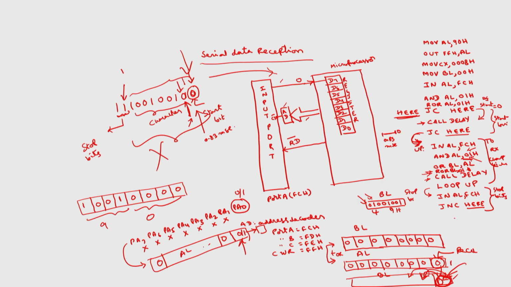Once this bit is 1, it will come out of the loop, which means the first stop bit is 1. Then I have to call a delay. Then you have to check for the second stop bit also.